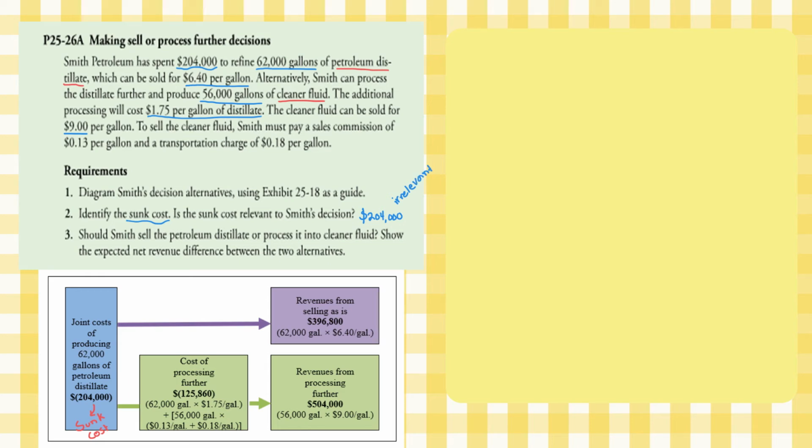Now, should Smith sell the petroleum distillate or process it into cleaner fluid? Okay, so what are the options here? Requirement number 3, to sell as is, as petroleum distillate, or process it further into cleaner fluid.